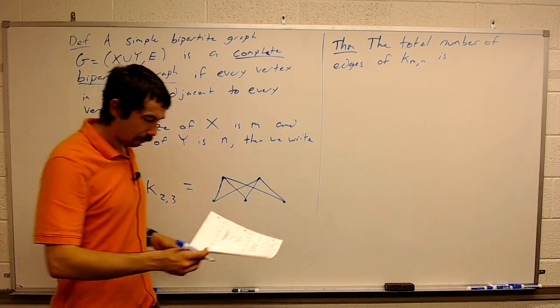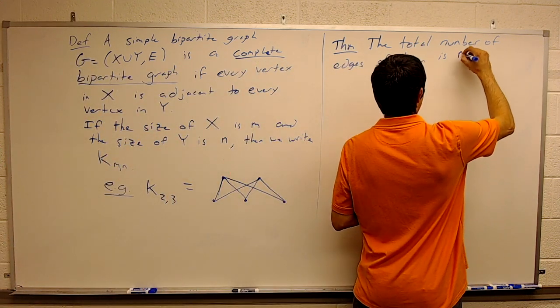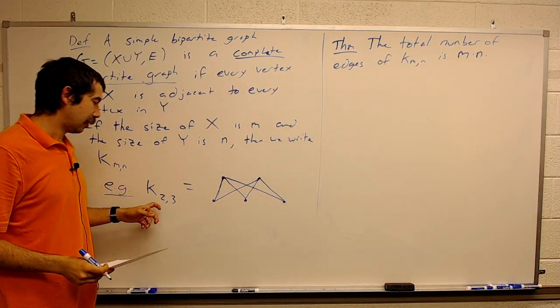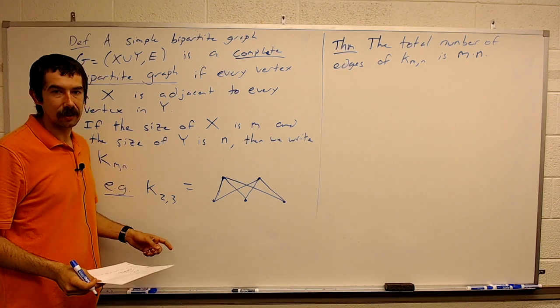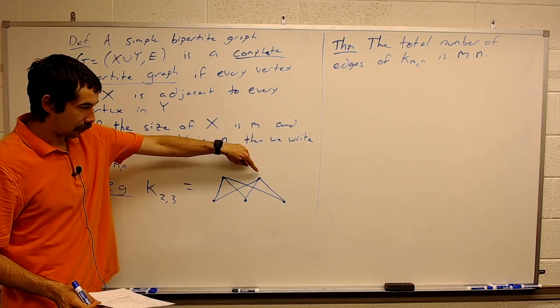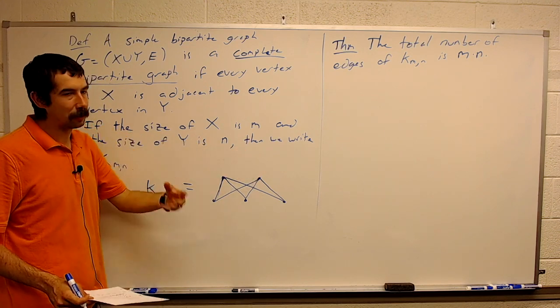Okay, no cheating. M times n. All right, so here there should be 6 total edges. Right, 3 for the first one, 3 for the second one. 3 plus 3 is 6.